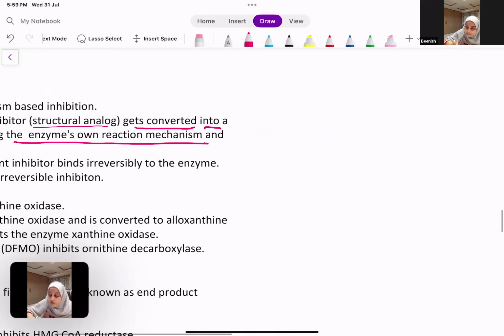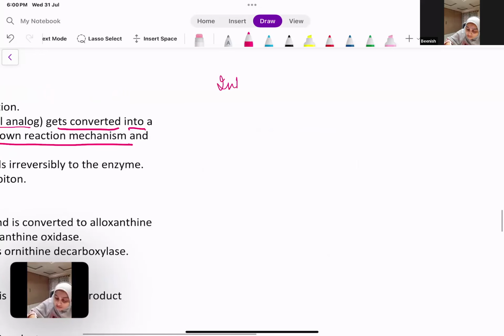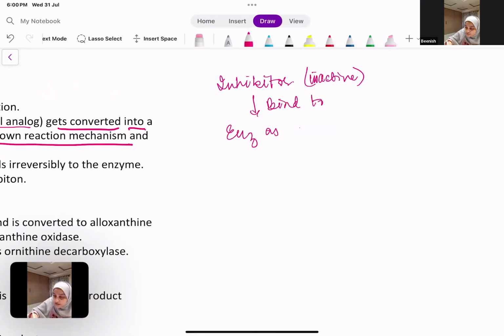So basically, the original inhibitor was inactive. It is going to bind to the enzyme as a substrate because it is yet inactive.